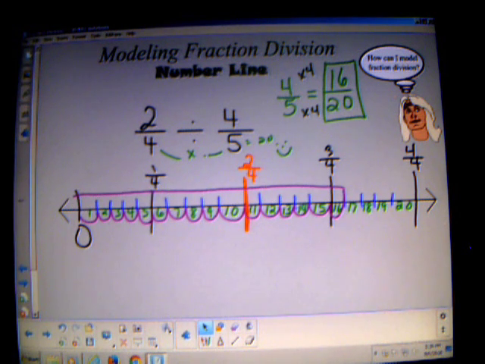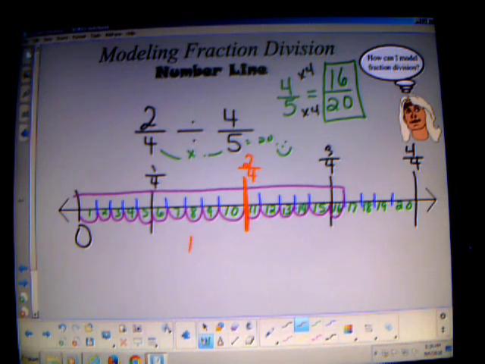I count how many total groups I have. I don't have one whole group because I had to stop here. So I only have a part of a group, a fraction of a group. I count how many pieces I have in this piece of a group.